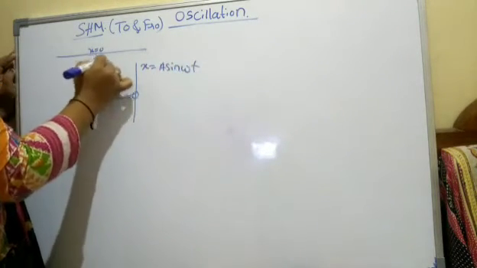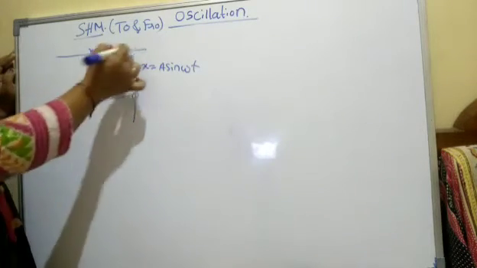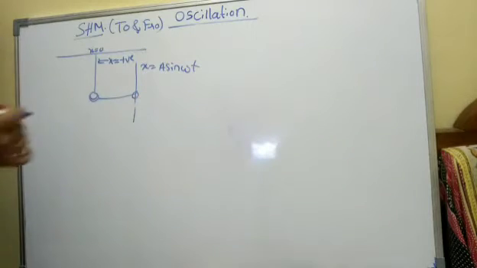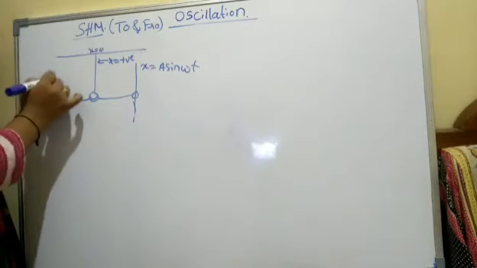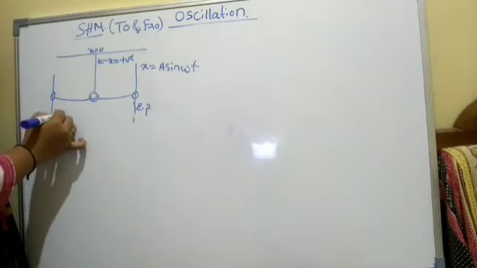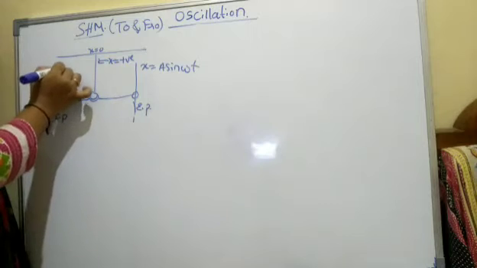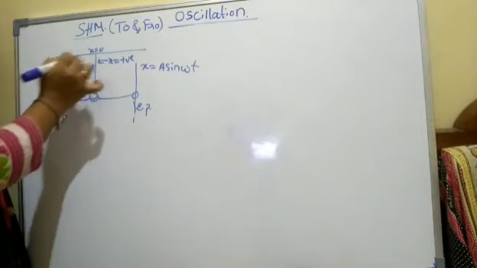This means this is a positive direction. So when it is moving towards the extreme position, this is the equation here. And when it is moving to the negative extreme position here, its x value will become minus a sine omega t here.